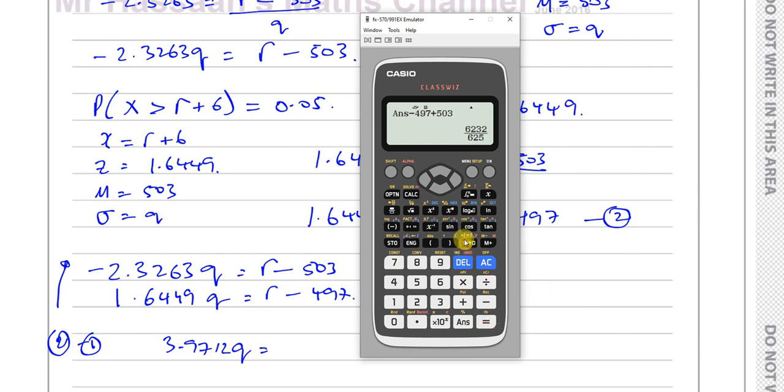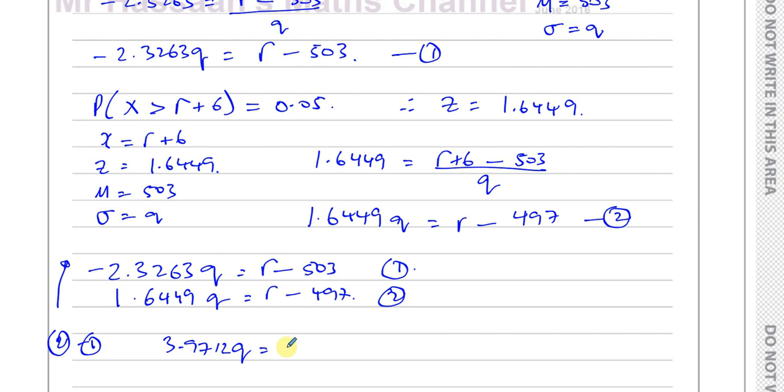That's 503 minus 497, which gives us 6. The R's cancel out, of course, don't they? You end up with 6 on this side.